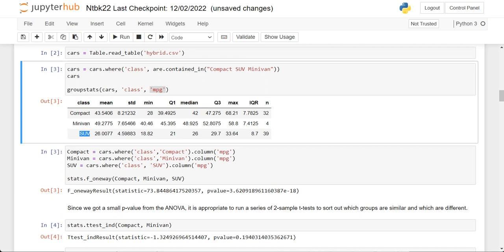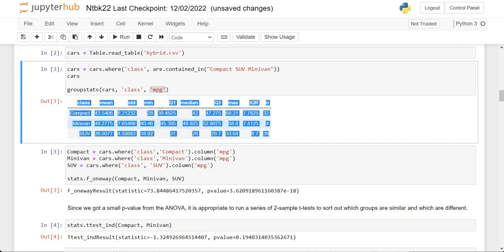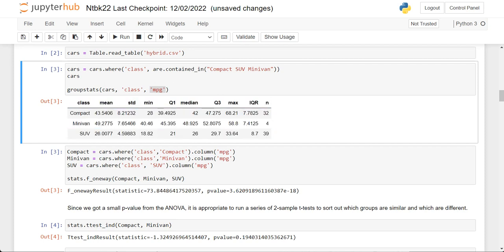Okay, and notice that there are some mean differences, right? The averages here are 26 and 43 and 49. I didn't round exactly on that, but you can see there seem to be rather significant differences. Okay, so what do we do? So this is a good start. group_stats is a good start to kind of see what the averages are for the three different groups.